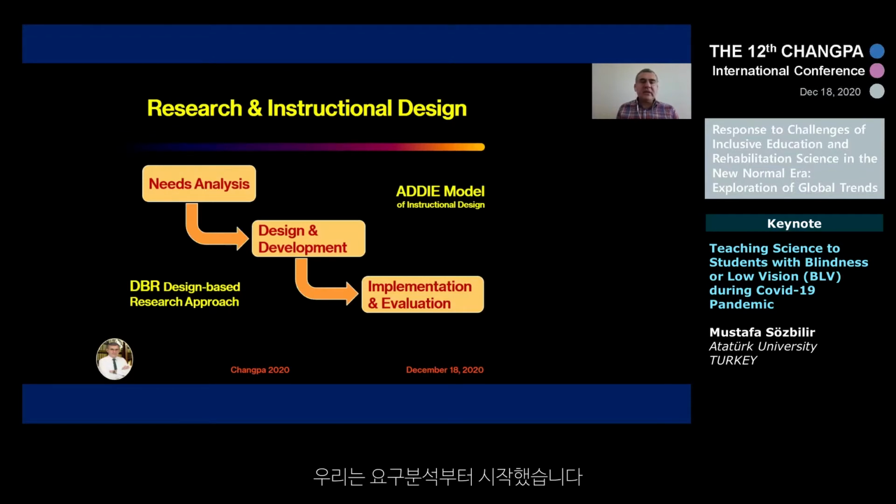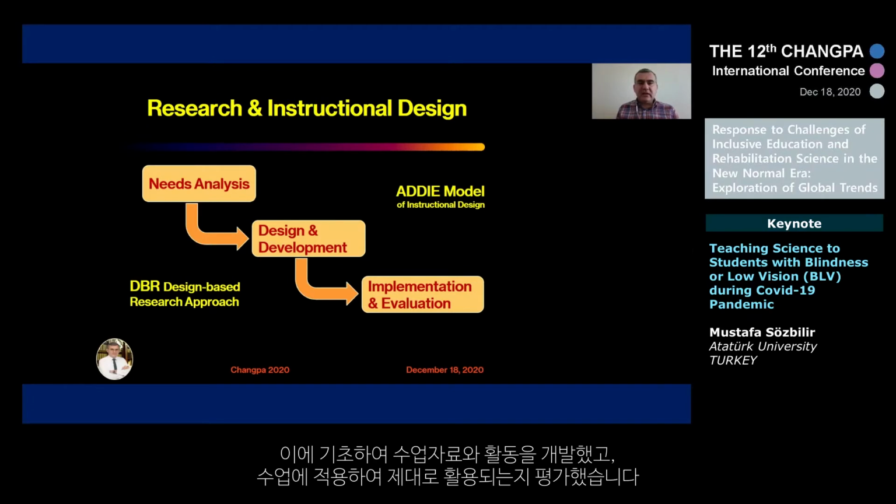We started with a needs analysis first, and then based on this needs analysis, we designed and developed some instructional materials and instructional activities. And also we implemented these materials and activities and evaluated whether they are working or not.